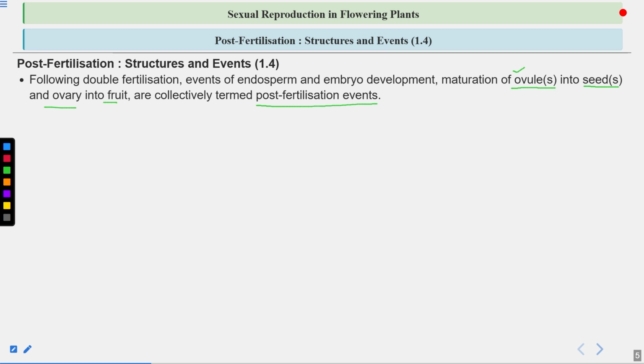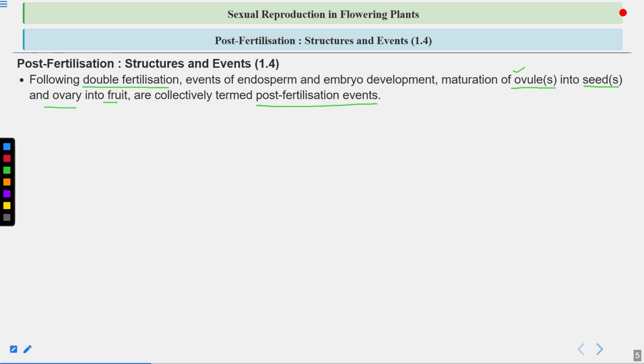Now, after the double fertilization, the two other changes that occur inside the ovule are the development of endosperm and the development of embryo.